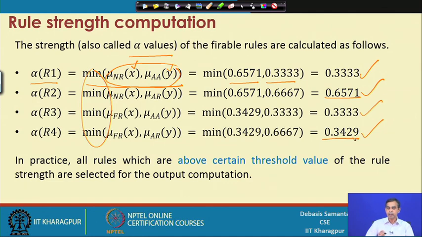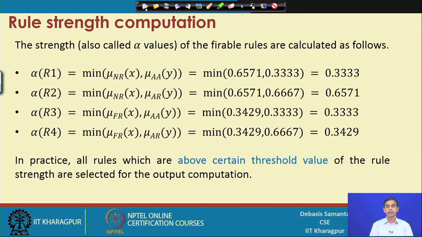Some threshold value is required in order to select again from the shortlisted rules. So the fuzzy inference engine takes a threshold value, computes the rule strength, and then, based on the threshold value, selects the stronger rules, which are those above the threshold value.